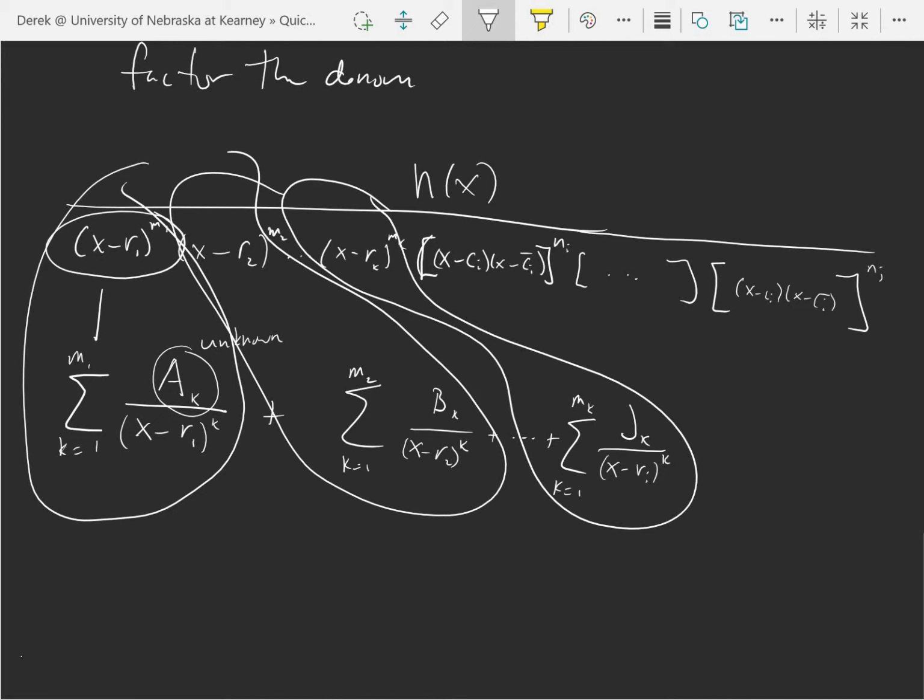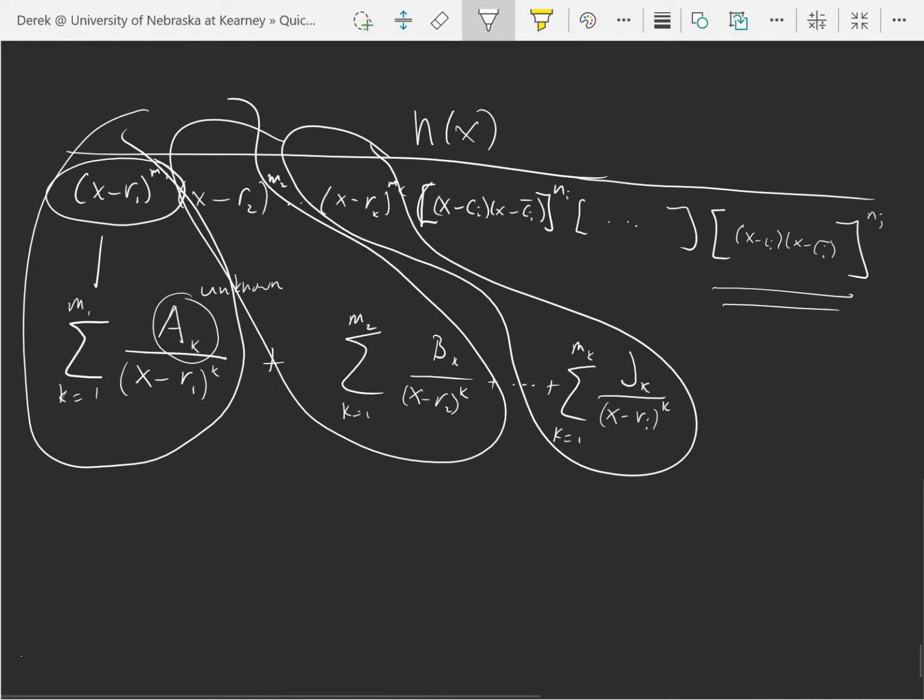And then for these quadratic factors, we also have to do something similar.